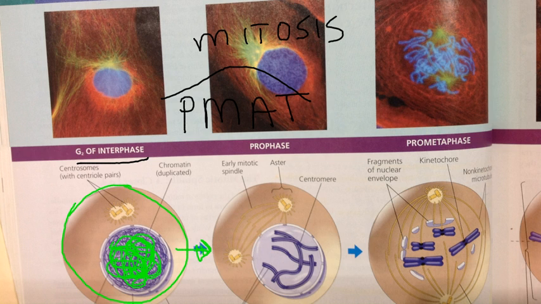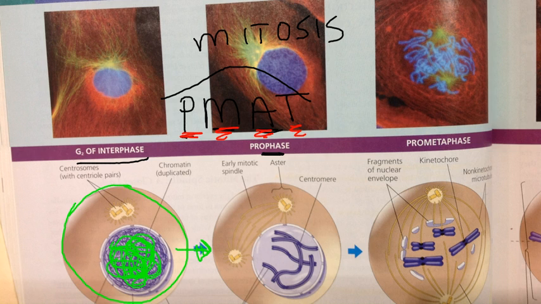Okay, and mitosis is broken up into these 4 substages. First one is going to be prophase, and then metaphase, anaphase. Let me use a different color. Prophase, metaphase, anaphase, and then telophase, or cytokinesis.